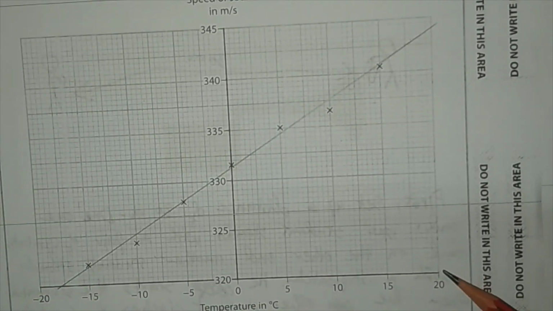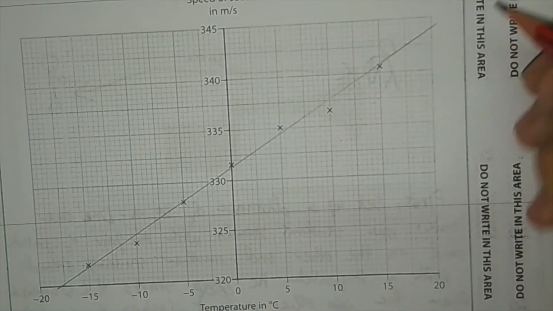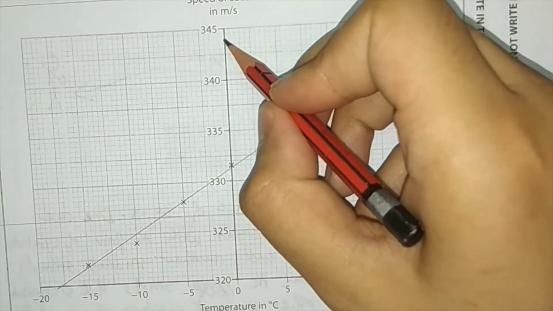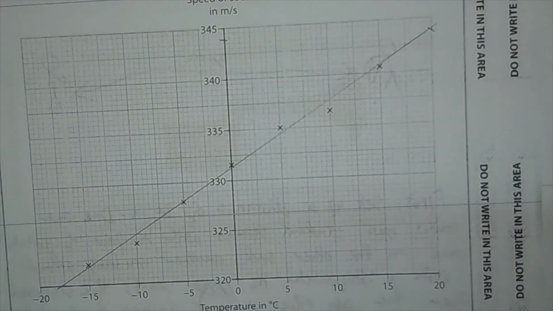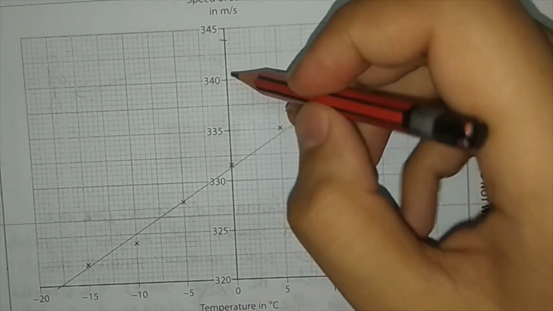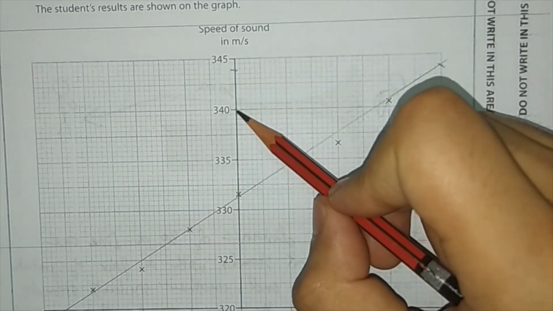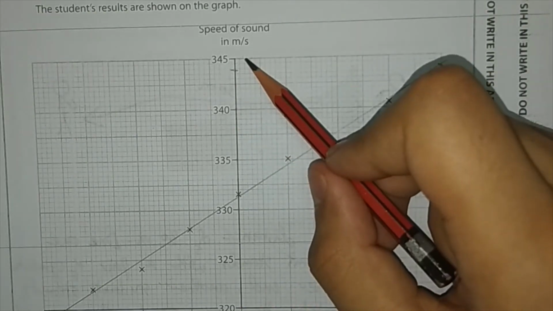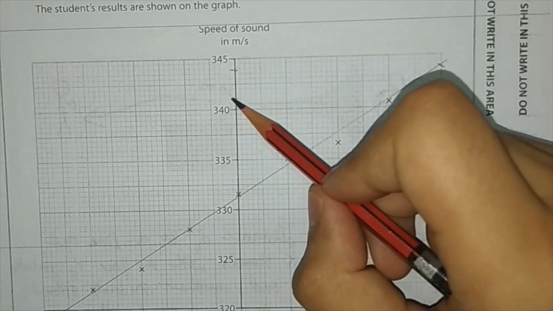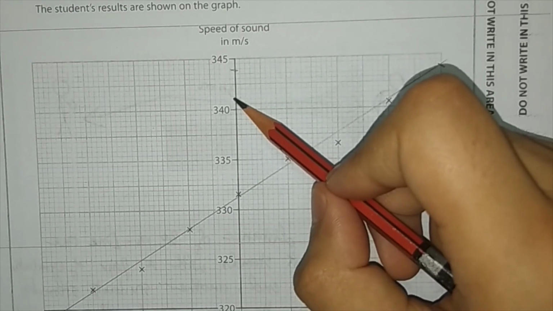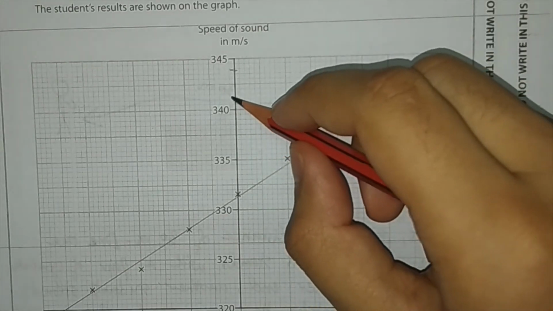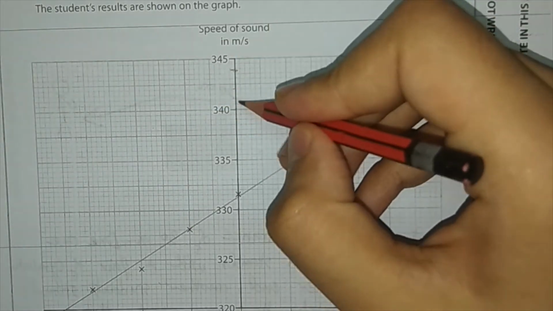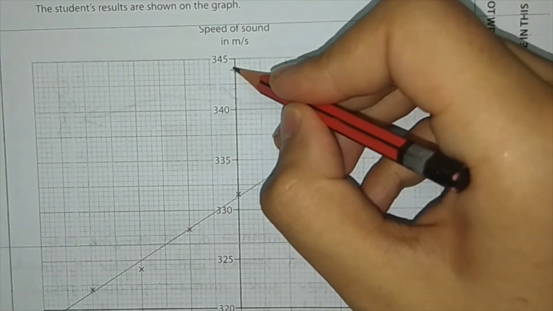So at 20 degrees over here, mine is hitting the second last block, which means from 340 to 345 it took 2 boxes. So 2 boxes actually mean 1 block. 341, 342, 343, so this is 344.